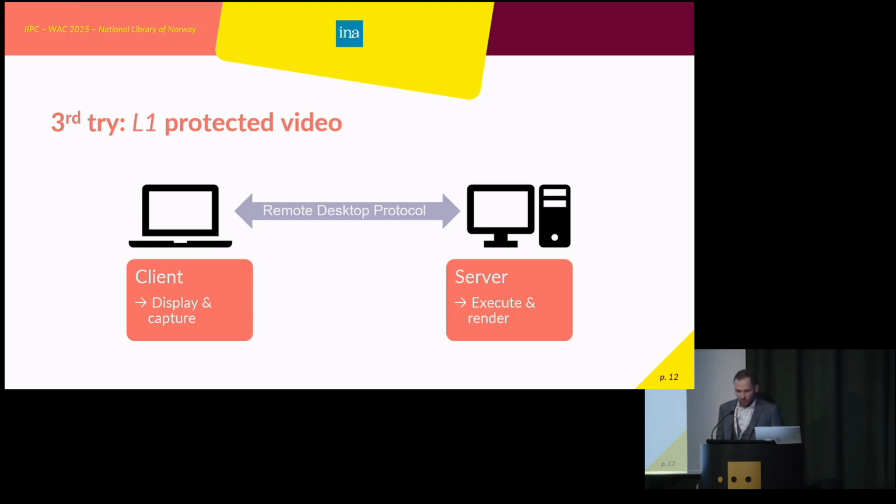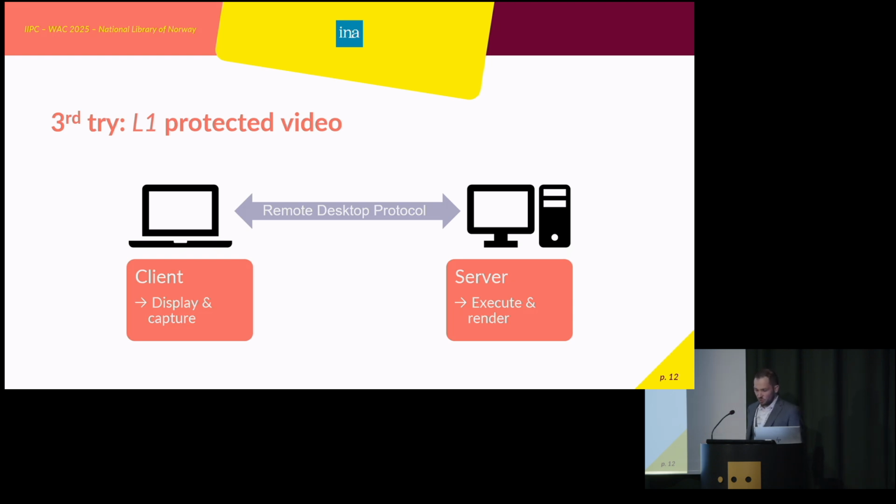Okay, for L1 protected video, we turn to remote desktop protocol. How it works: RDP client software is used on the user device to connect to the RDP server software running on the remote computer. So you can interact with your distant computer as if you were in front of it.